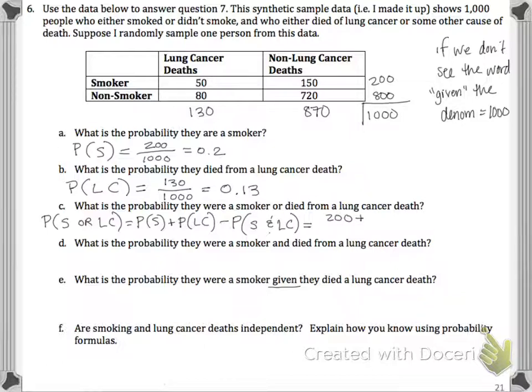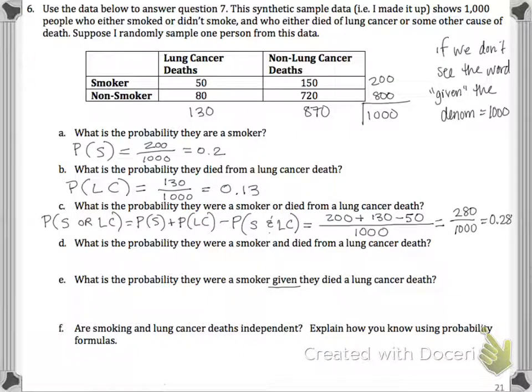We add in the number of people who died from lung cancer, that's 130. And then we subtract the people we just counted twice. If you scan that row and column, you'll see that there were 50 people who were smokers and died lung cancer deaths. That's the intersection of that row and column, which leaves 280 over 1,000, or 0.28.